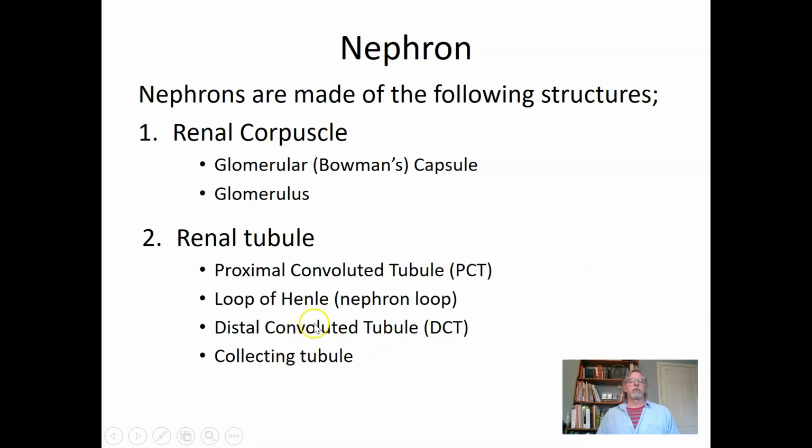That leads to a third structure, another convoluted tubule, called the distal convoluted tubule, or DCT, and then finally to a small segment called the collecting tubule. All right, so this is all continuous. The different segments look different, and that's how they're sectioned off.